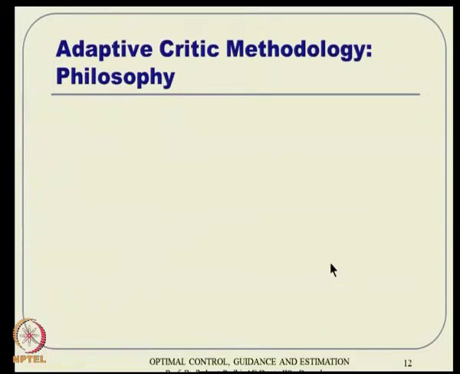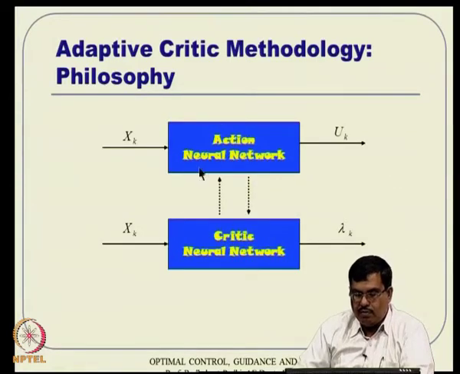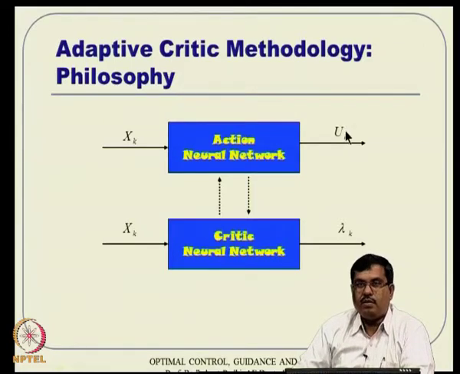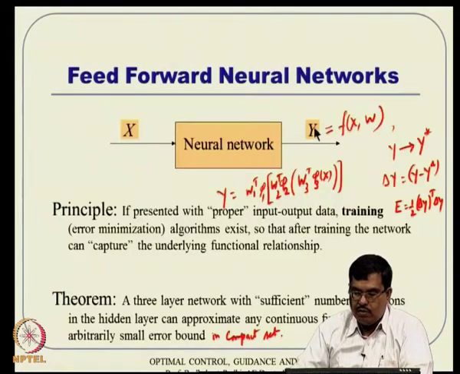Okay. Now with this background, what is adaptive critic methodology? Let us say this is the methodology which tells us to assume a neural network which I call the action network. All it will do is, given a set of states xk, predict my uk. That is my ultimate objective. Remember, if y is my uk here, y is u, then I have a closed-form solution for control.